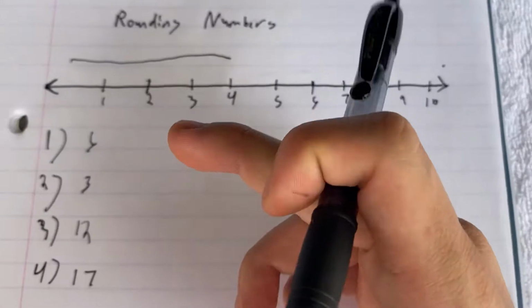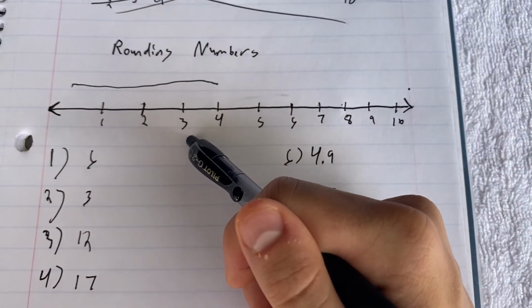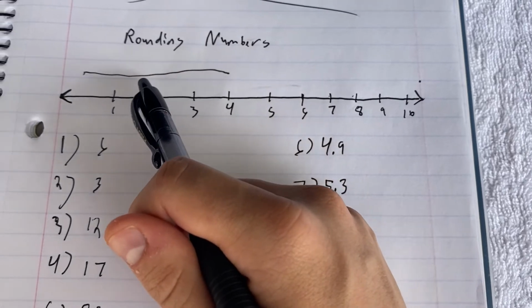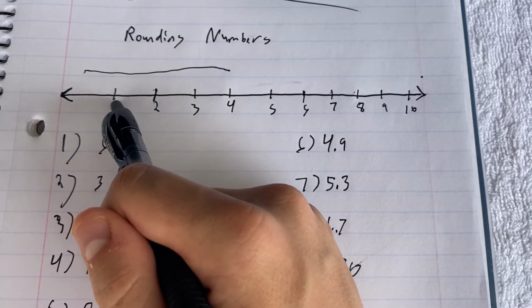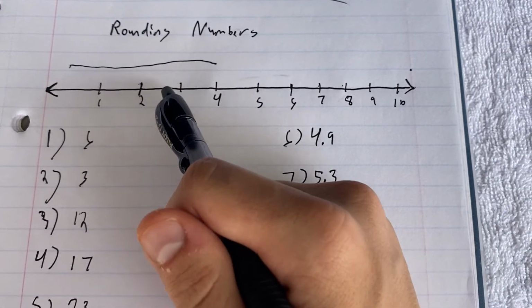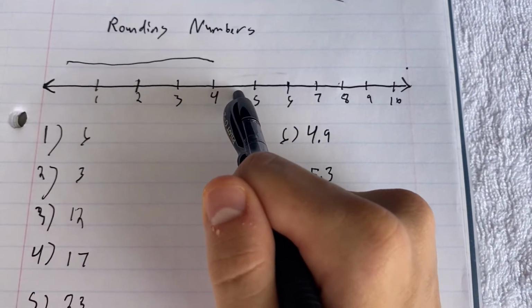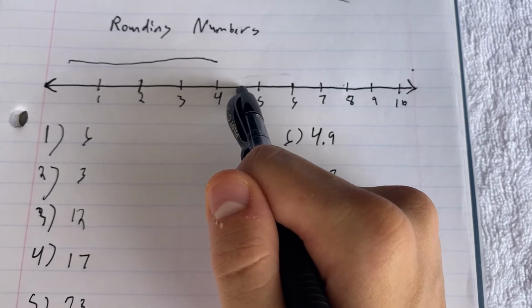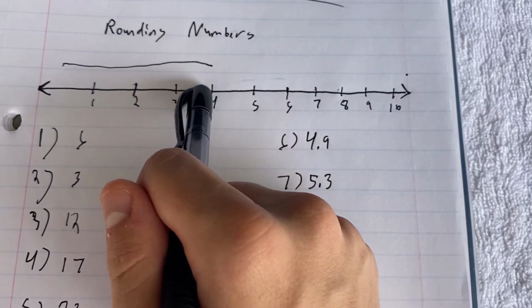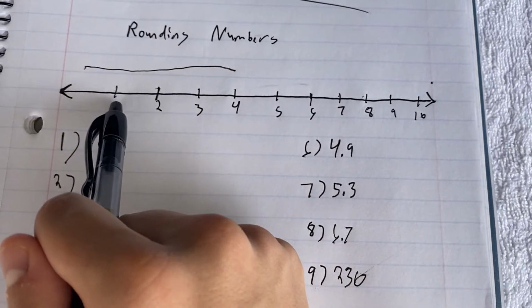So if I say, hey, can you round the number 3? Well, guess what? Since we know that the direction is going to go to the left, we're going to land on 1. Or if I say, hey, can you give me the rounding of 4.3? Well, 4.3 is still around the 4 area. So we're going to go to the left and land on 1.